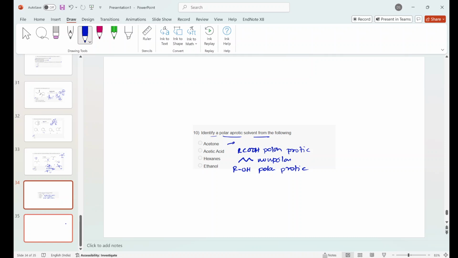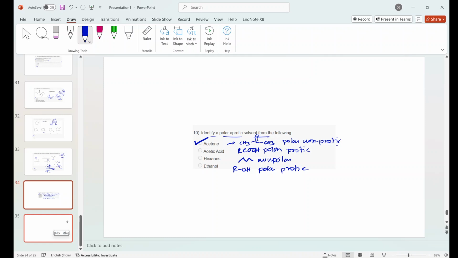Acetone. Acetone is CH3COCH3. Acetone is polar but non-protic. So this is the right answer.